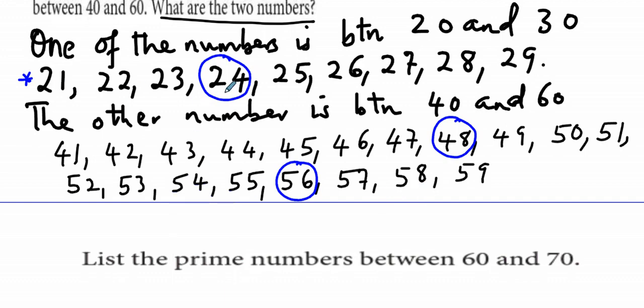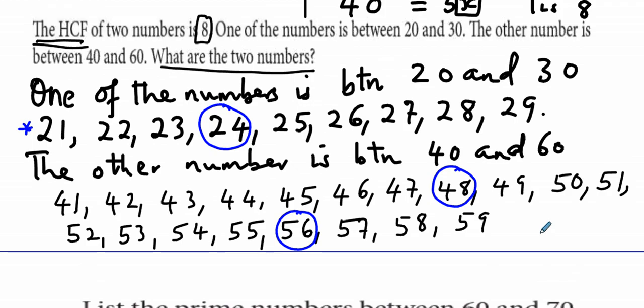one number in this list which is divisible by 8, but in the other set of numbers we have two numbers. Now the question will be, which of these two numbers will combine with 24 to make the highest common factor of 8. This is how the question says. The question says the highest common factor of two numbers is 8.